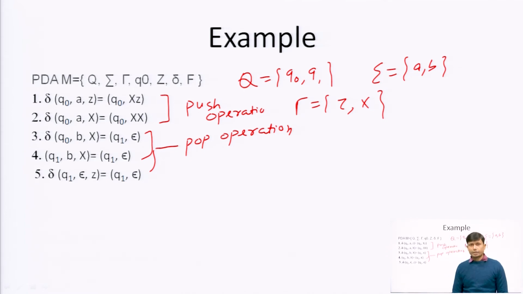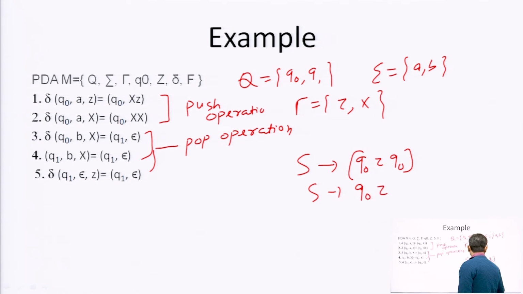For this we have to design a context free grammar. So what is the first rule? The first rule says S is the starting symbol, and we have S derives [Q0 Z Q0], and S derives [Q0 Z Q1].